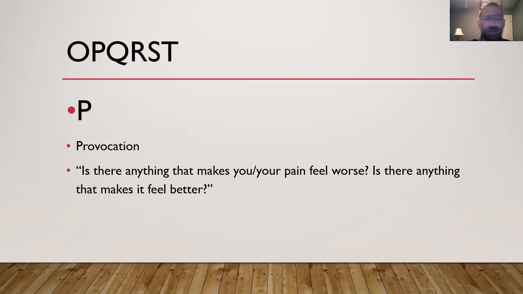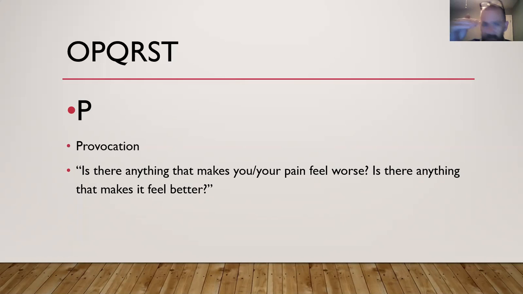If you ask that, they might say sitting up and tripoding makes it feel better, or laying down makes it feel worse. Or if somebody's having dizziness, if they get up and walk around they get really lightheaded, but it's not so bad if they just sit down or lay down and stay still. So provocation is, does something happen?